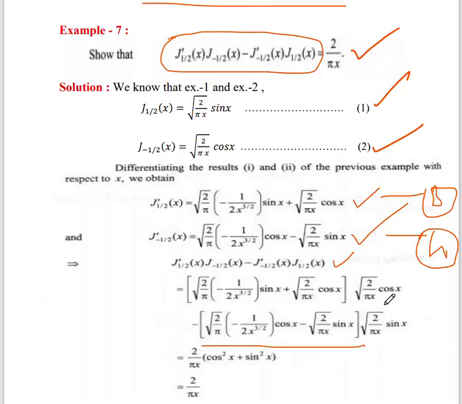Now we will multiply this term to this term, multiplying through both brackets.